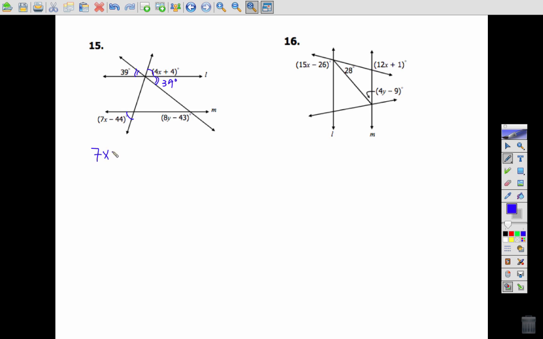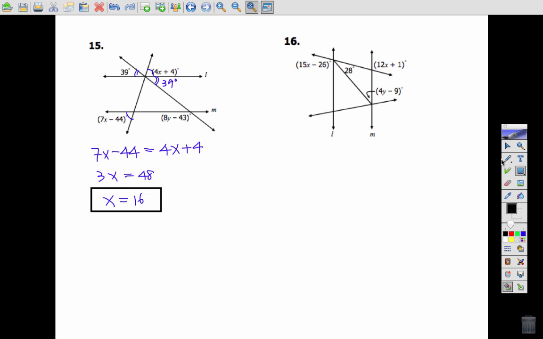They must be congruent. So I like that a lot because there's only one variable. I have an equal relationship now. So I can easily find out my x equals 16. That's how I solve for x.